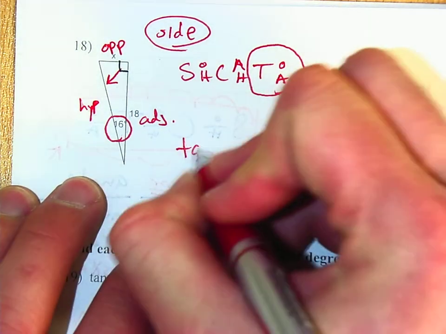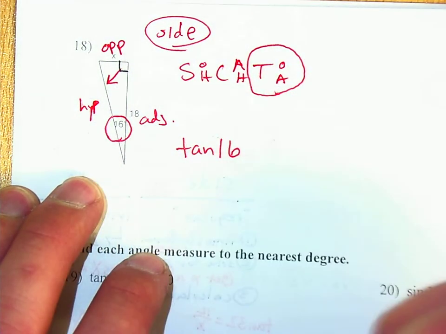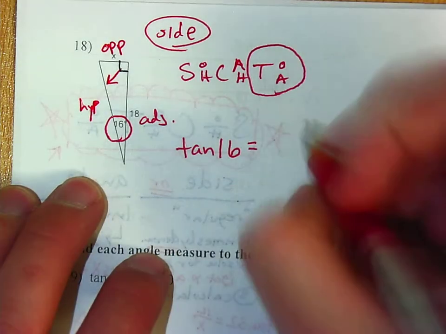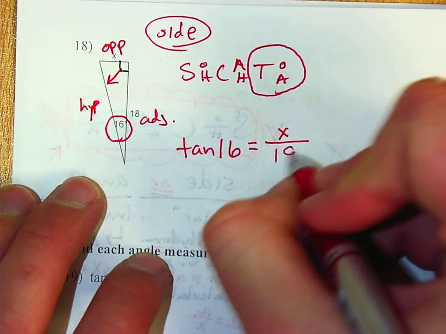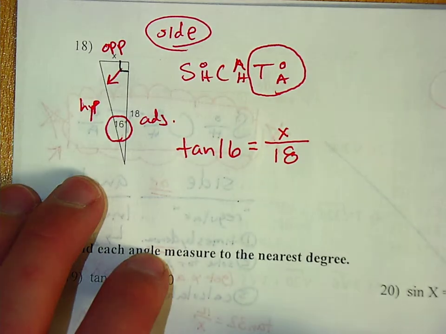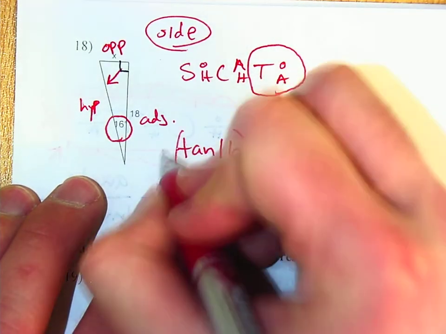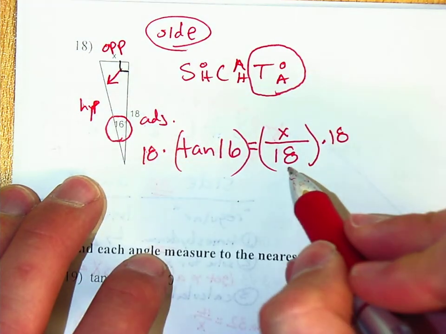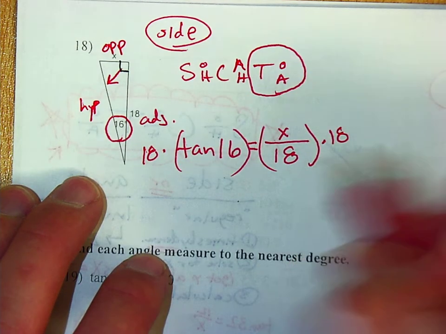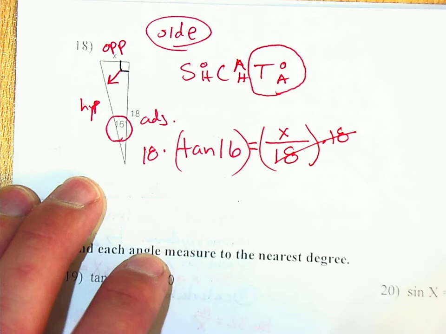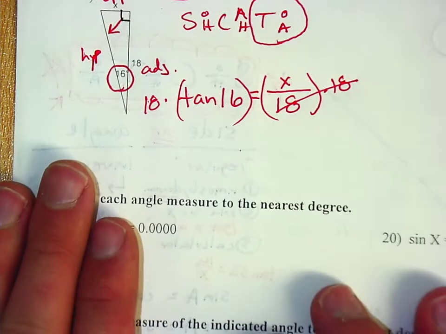So tangent of the angle, or 16, equals the opposite, which is x, over the adjacent, which is 18. Times by the denominator. So again, remember, whatever's here on the denominator, that's what we times by. That's going to essentially cancel out the denominator.